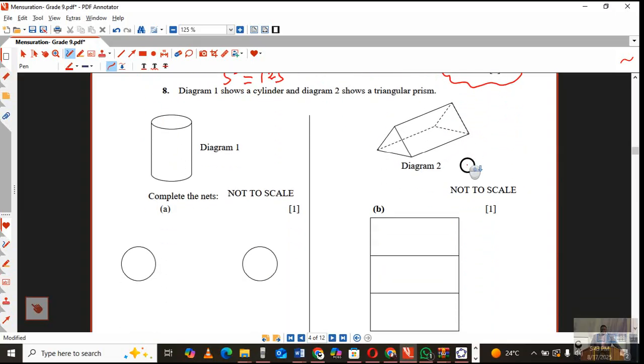Right, the diagram shows a cylinder. Now, of course, diagram 1 shows a cylinder, diagram 2 shows a triangular prism. You are supposed to complete the net. In this case, the only thing that was supposed to be there is just a rectangle, like so. Okay, right.